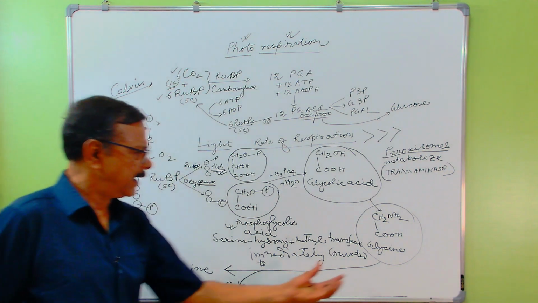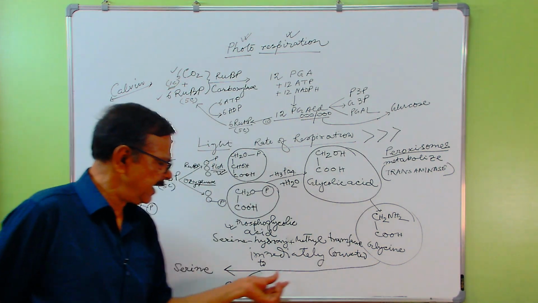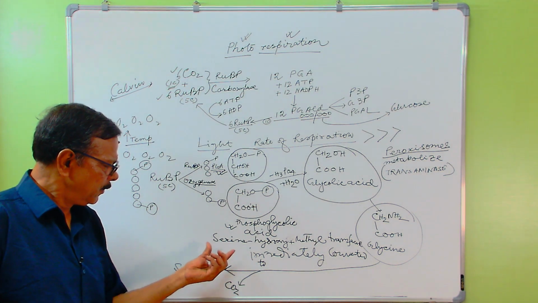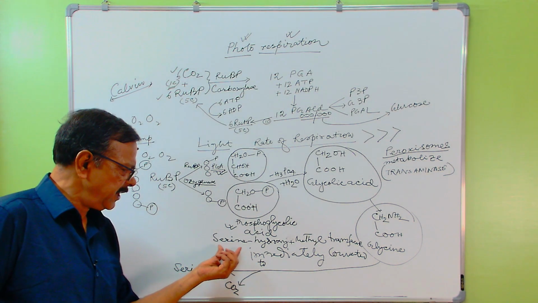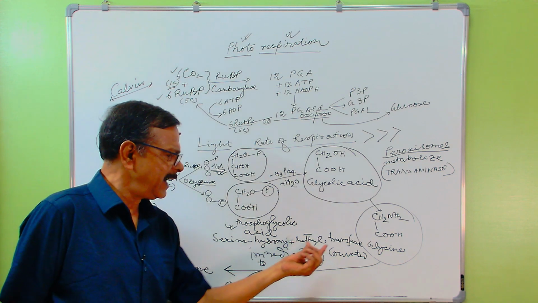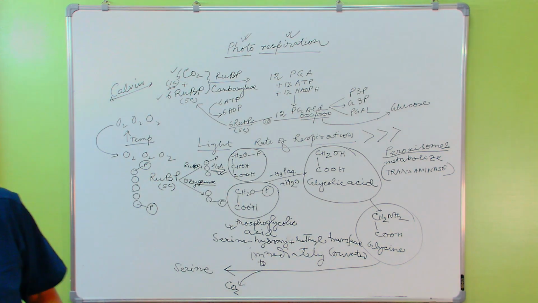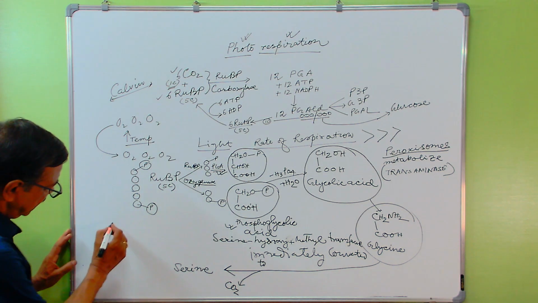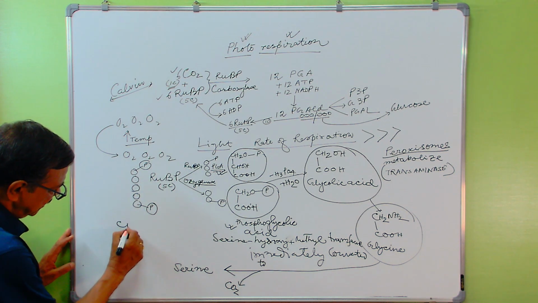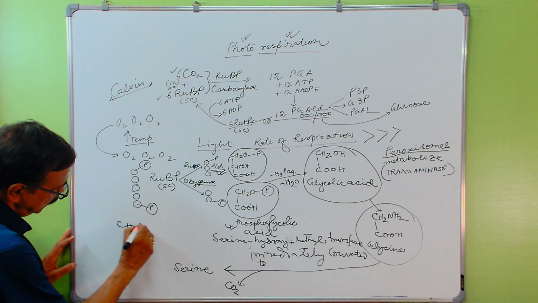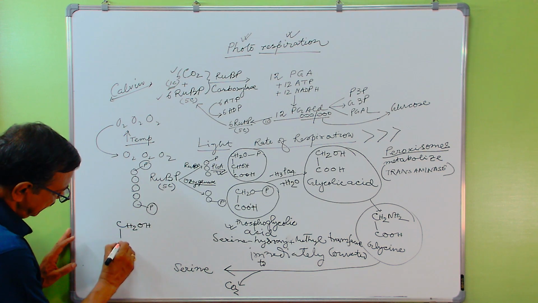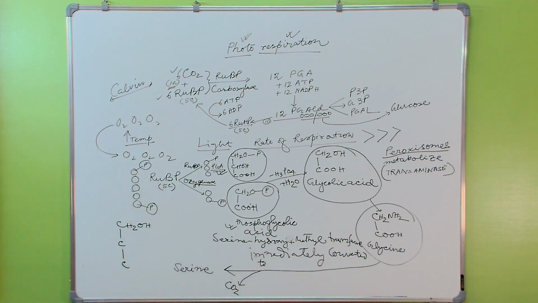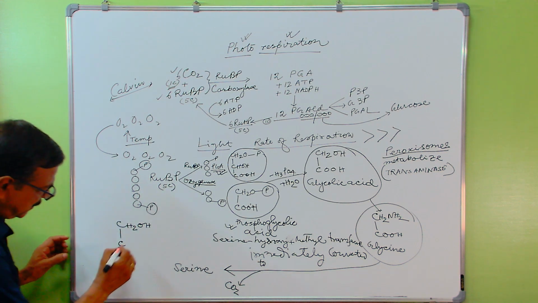So glycine is immediately converted to serine with the liberation of CO2 with the help of serine hydroxymethyl transferase. Two molecules of glycine give one serine. The serine formula is CH2OH CHNH2 COOH.